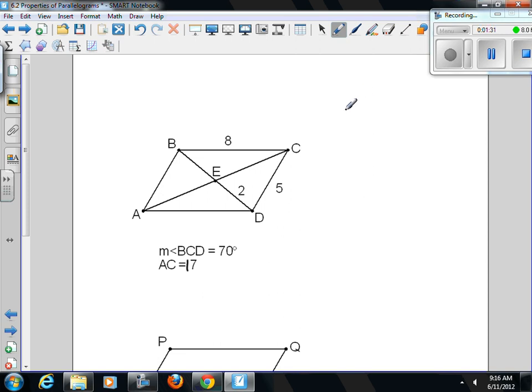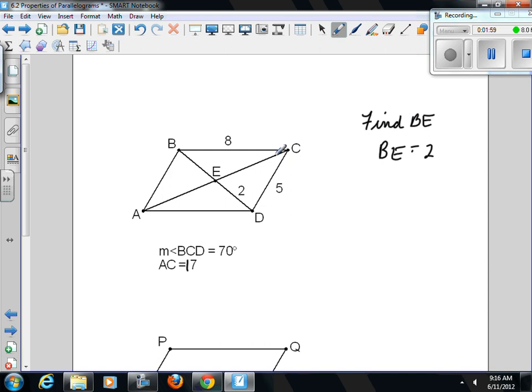Now, what I would like us to do, for starters, is to find the length of segment BE. Now remember, the diagonals bisect each other. So BD is bisected at E. Well, if ED is 2, BE would also have to be 2.